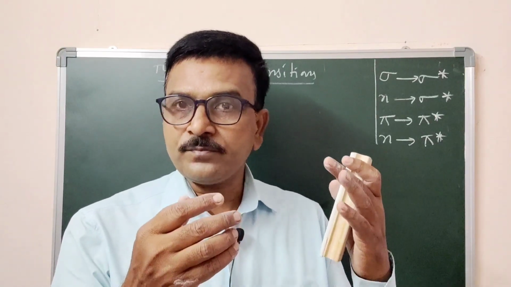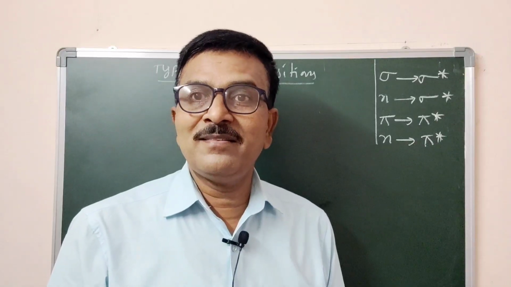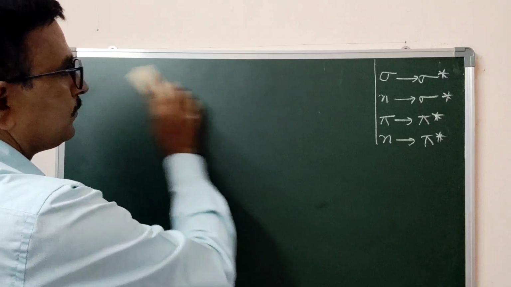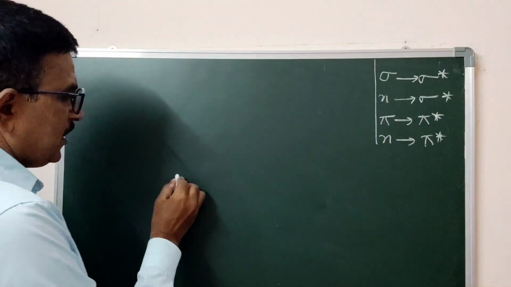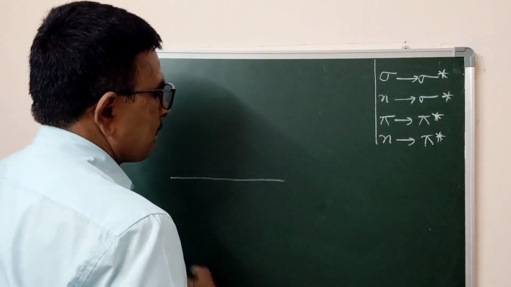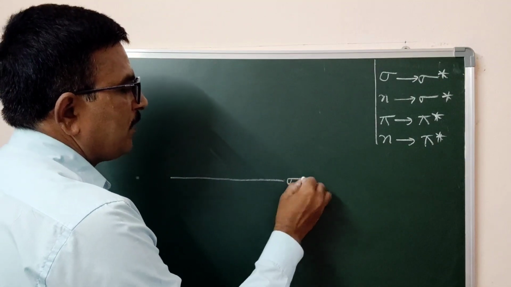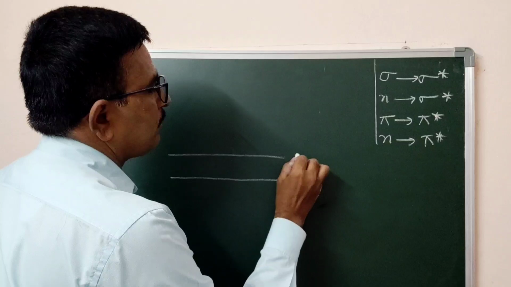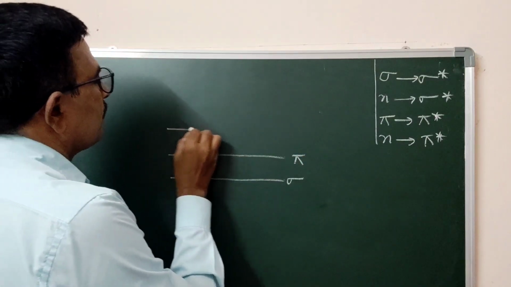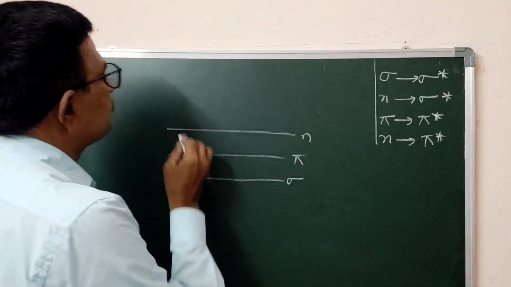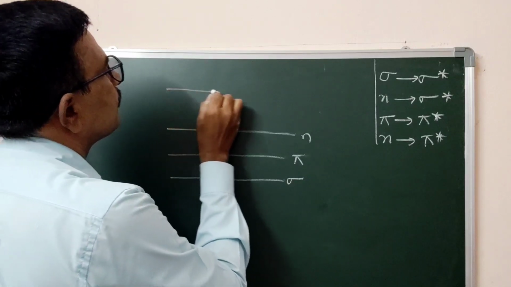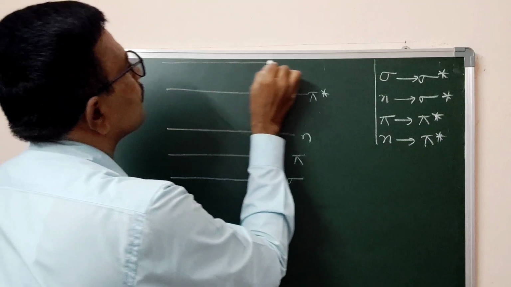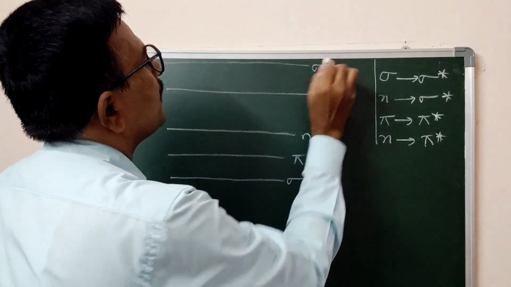Let us discuss the energy levels of each orbital. Say this is the sigma orbital, this is the pi orbital, this is the N orbital, the pi star orbital, and the sigma star orbital.